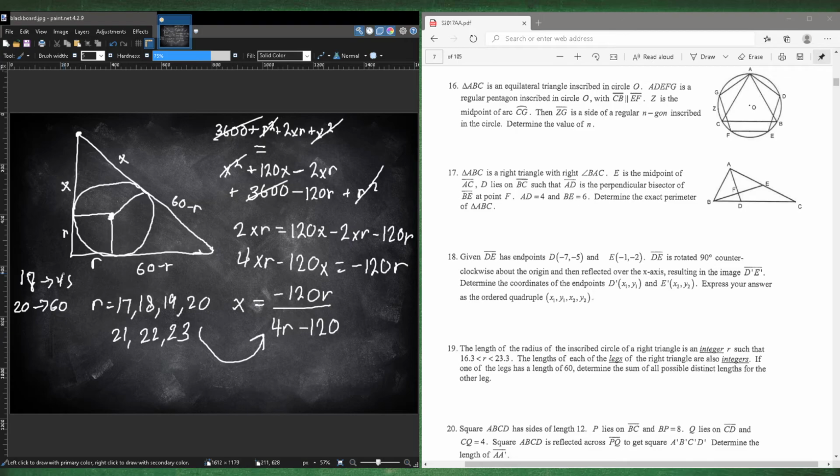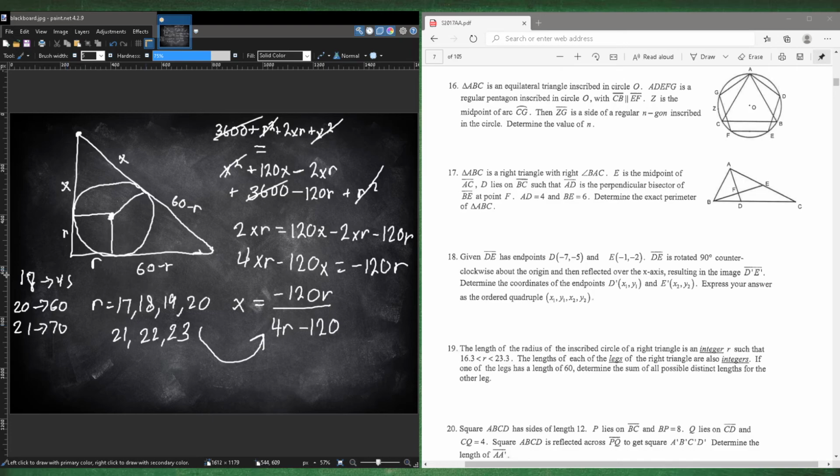Let's try 21. 21 gets 70. And then 22 and 23. 22 doesn't work, which is a decimal, and 23 is also a decimal.